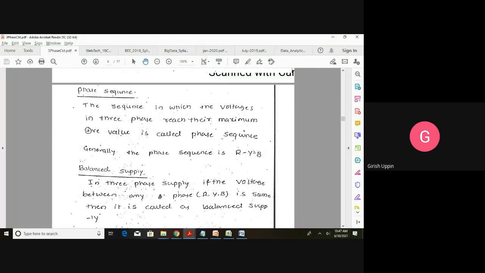And phase sequences are very important when you are connecting the loads, or when you are connecting the generators together for synchronization purposes. You have to know the sequence. Proper phases should be connected to the appropriate phases of the other system, whenever we are doing things like synchronization.